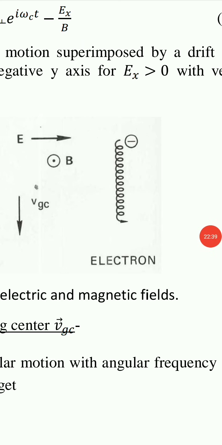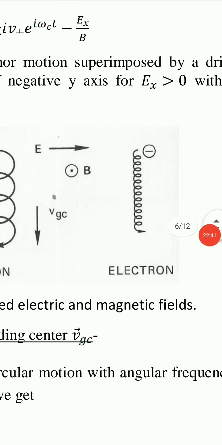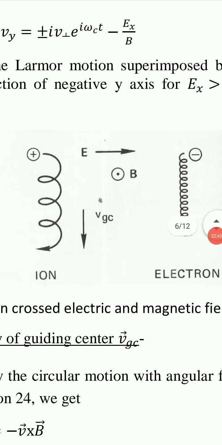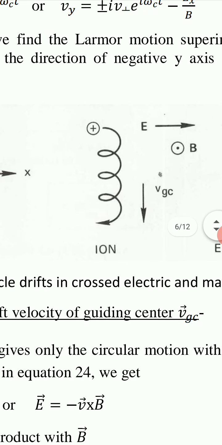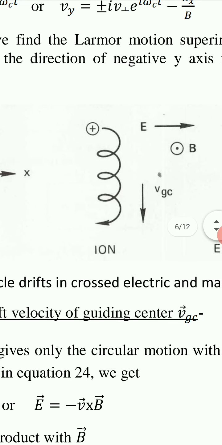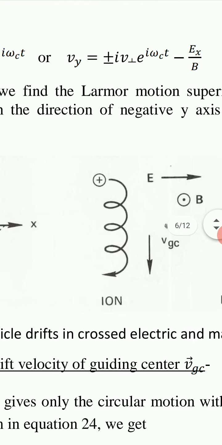If the electric field is not present, only the magnetic field is present, we obtained circular motion with fixed guiding center x0, y0. But because now the electric field is also present, there is an x component of E as Ex.